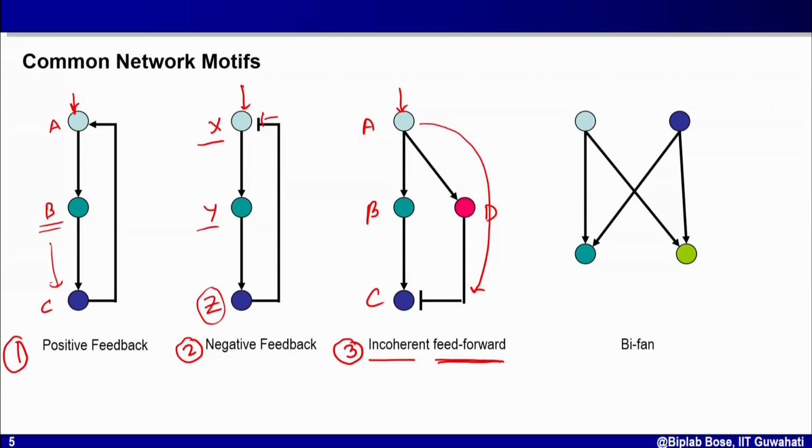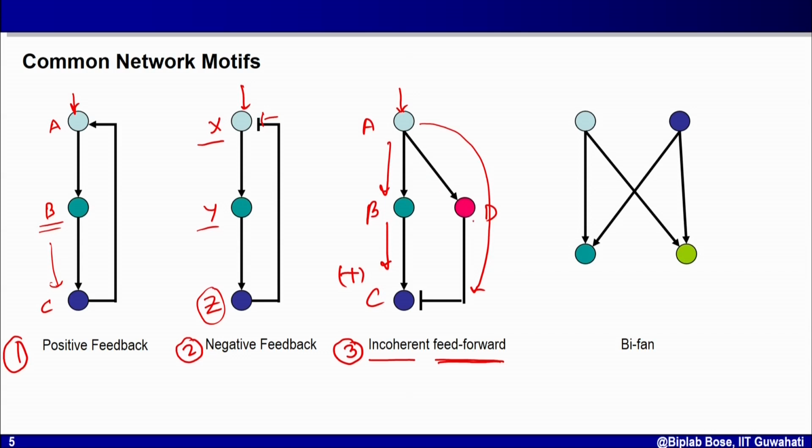For example, in the graphic shown here in the motif, A is activating B, suppose, and B is activating C. I have a bifurcation here of the path. A is also activating D, but D is inhibiting C. So this path A to C is a positive path. A through B telling C that you get activated.